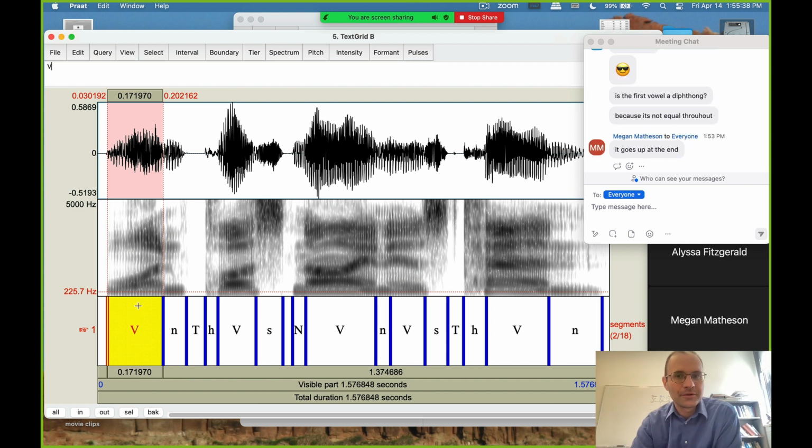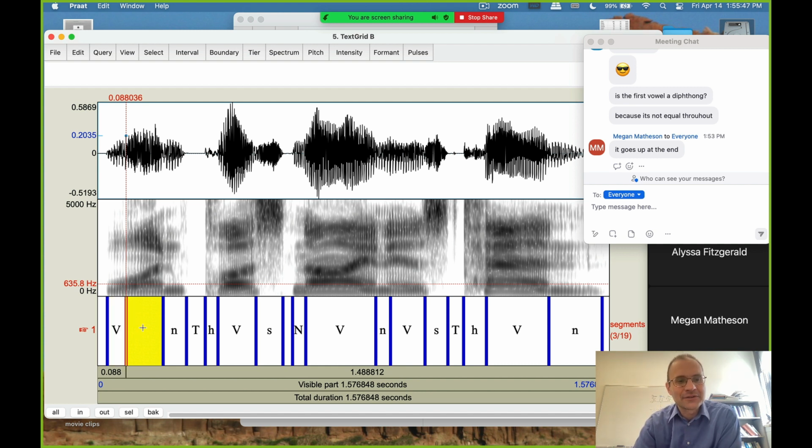I'm going to give you a clue about this. It does go up at the end. This first bit is not actually a vowel. It looks like a vowel, but it's something different. So this part is vowel-y, and I would say this last bit you can kind of attribute to the nasal, the transition there. It goes by pretty quick.